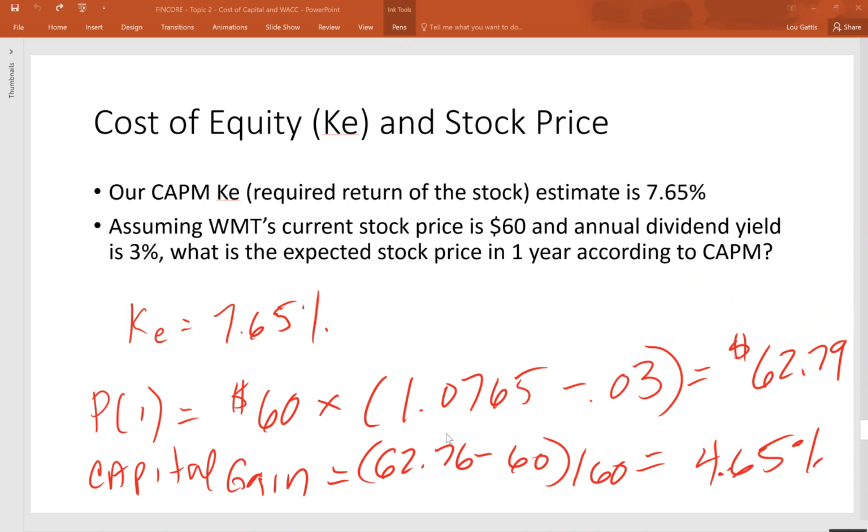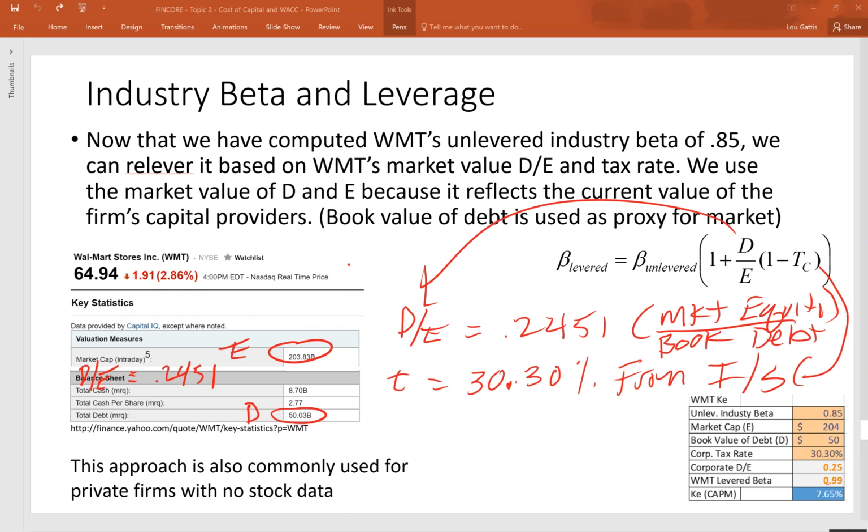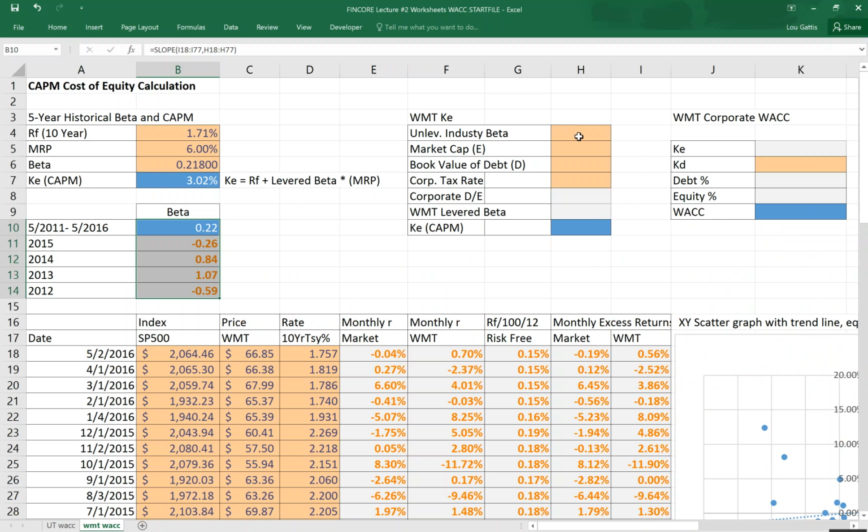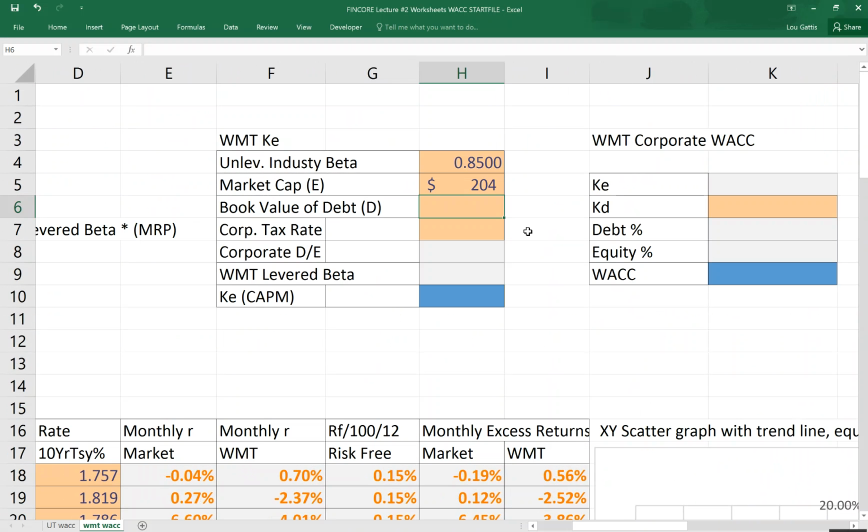So let's go ahead and calculate the beta of Walmart. What we said is their unlevered beta was 0.85 from Damodaran. They had $50 billion of debt and $204 billion of market cap of equity. Their tax rate was 30.3%. That gives me a D/E ratio, D over E, of 0.25.